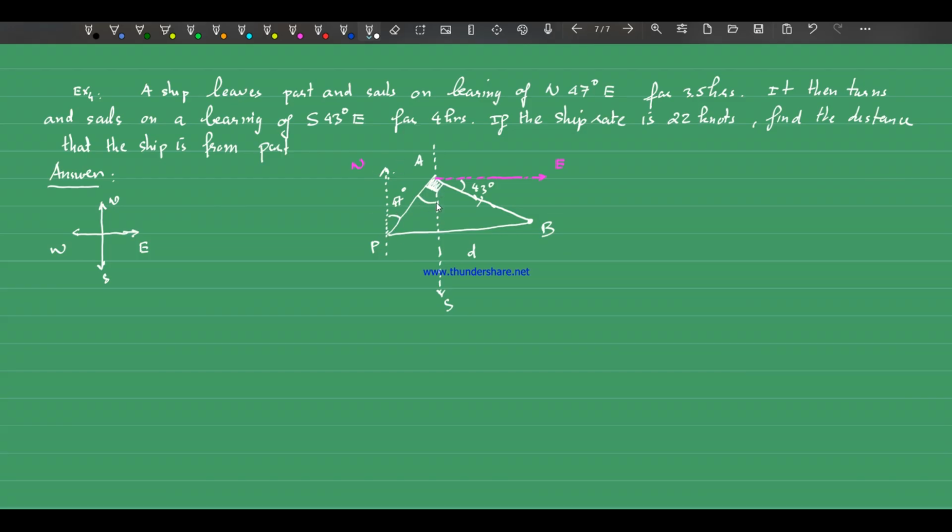See 47 right here, alternate interior angles: 47, 47, 47 plus 43 is 90. So it's a right triangle. You see that my picture is not to scale, but it's almost right. So, a right triangle. This is 3.5 hours to get here. It is 4 hours to get here.